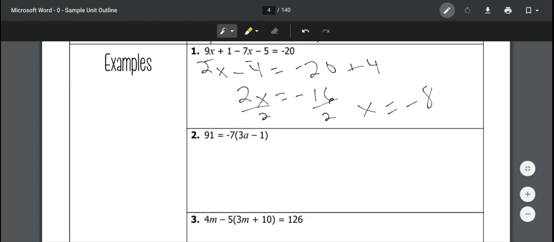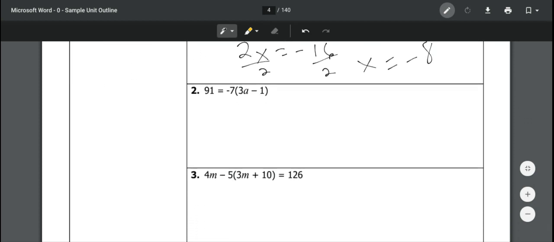Okay, and it does not matter that the variable's on the second side. So we have 91 equals, and we need to distribute. So we have negative 21a. Negative 7 times negative 1 is a positive 7. And then we have negative 21a. And I'm going to minus 7 on this side.